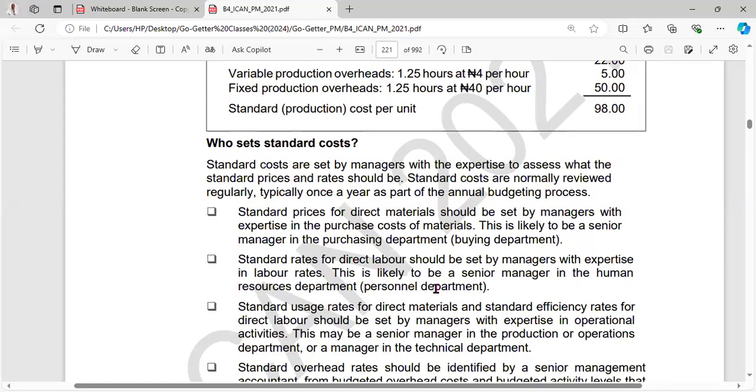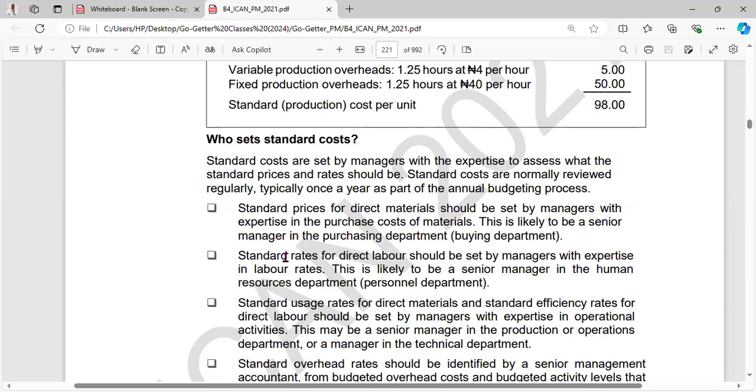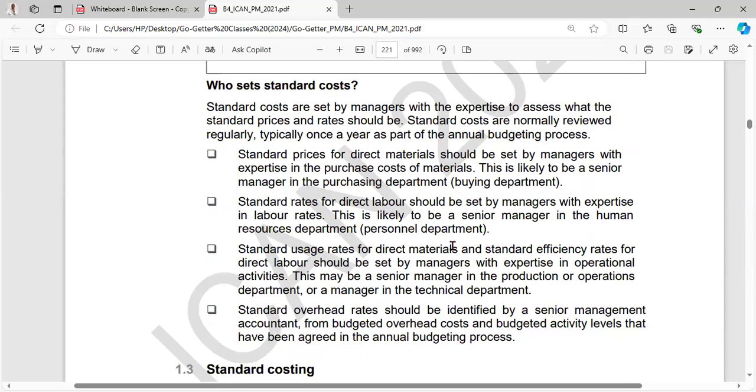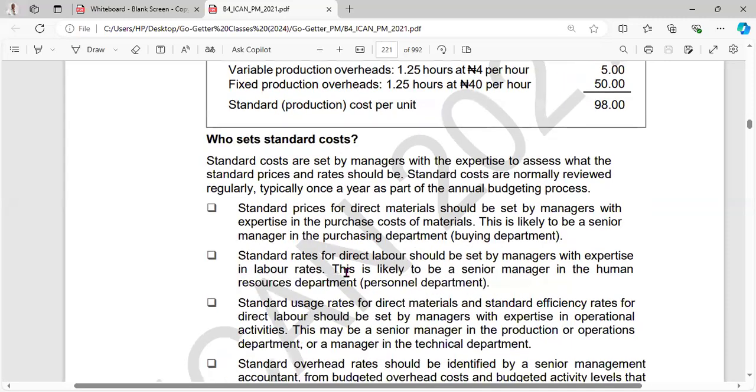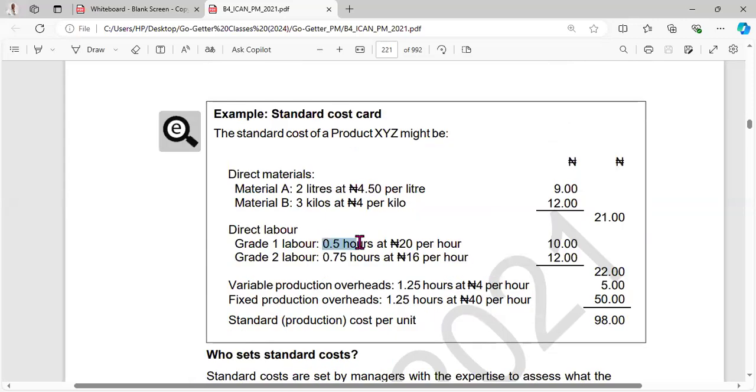Now, standard usage rates for direct materials and standard efficiency rates for direct labor should be set by managers in the operational activity. So that's the operations manager. The operations manager will set the standard usage rate. That's the hours, the liters. He sets this, the operations manager.